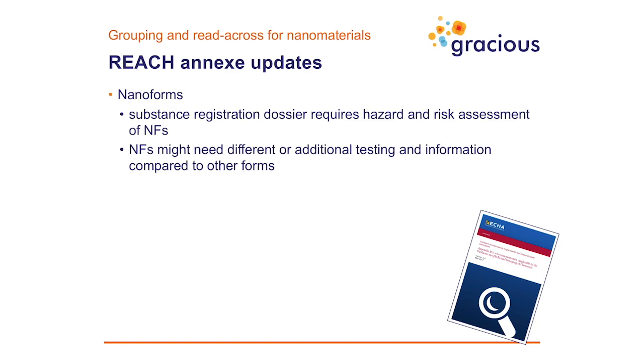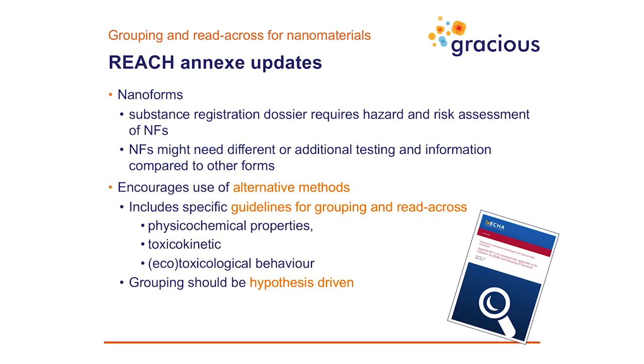Within the REACH annexes, nanoforms have now been specifically mentioned. A substance registration dossier requires hazard and risk assessment information for nanoforms, and it's recognised that nanoforms may need different or additional testing and information compared to other forms of a substance. Within the REACH annexes, alternative methods are encouraged, and this includes grouping and read across.